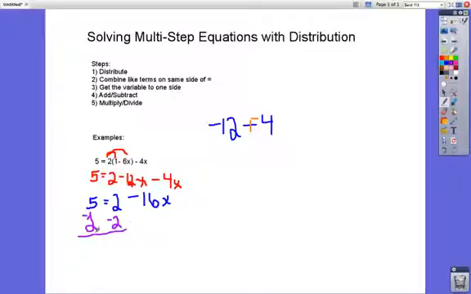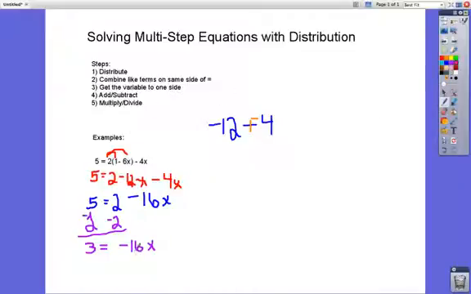Okay, so when we subtract 2, we're going to get 3 equals a negative 16x. Okay. And our last step is always to either multiply or divide.